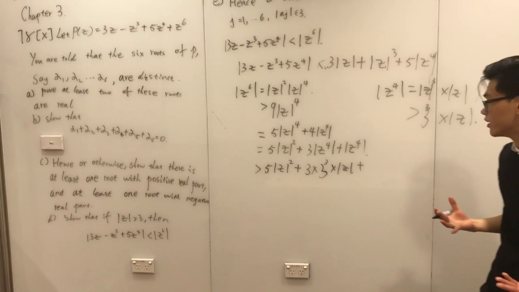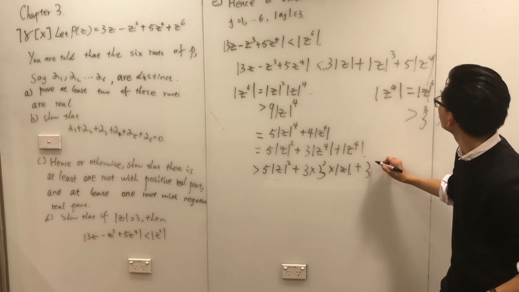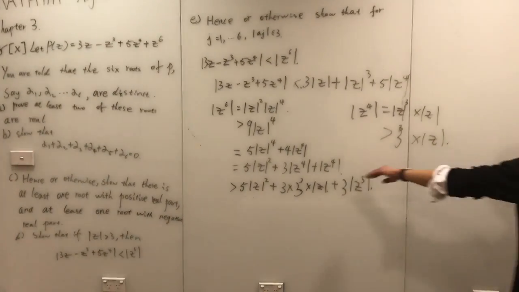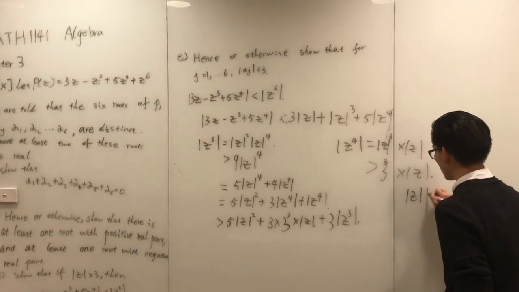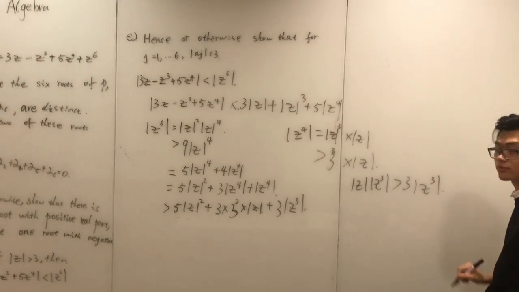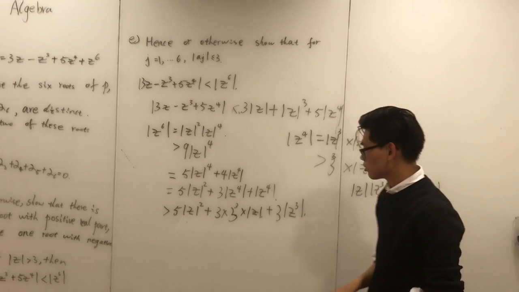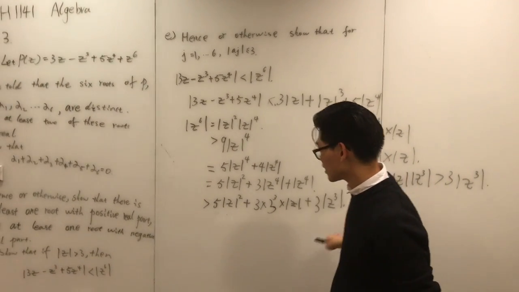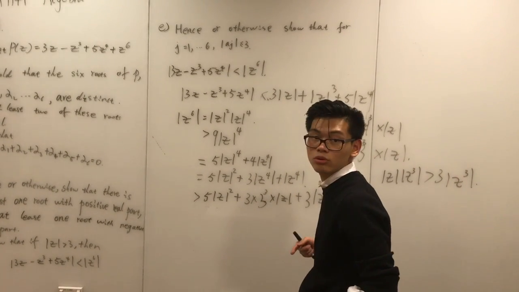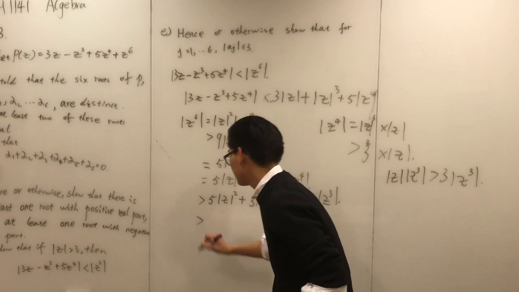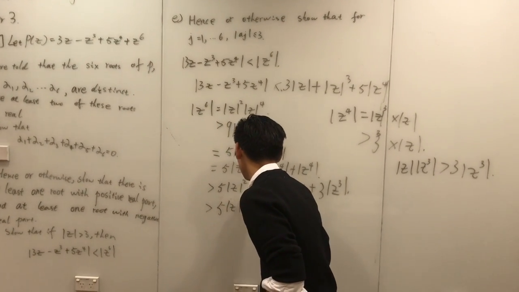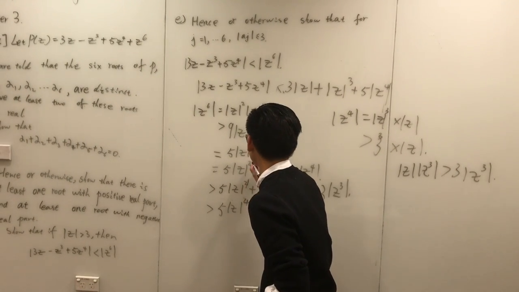Plus, same strategy here, we can put 3|z|³. Because |z|⁴ we can write as |z| multiplied by |z|³, which is bigger than 3|z|³. Right? So we just tidy it up, and then we reduce the power of modulus z. It should be further smaller. It should be, this is 4, not 2, sorry.